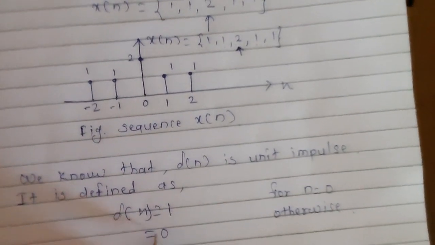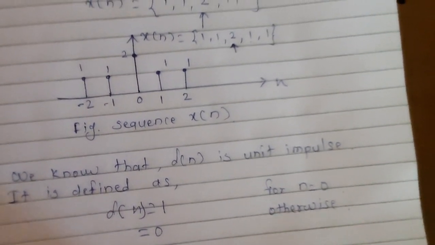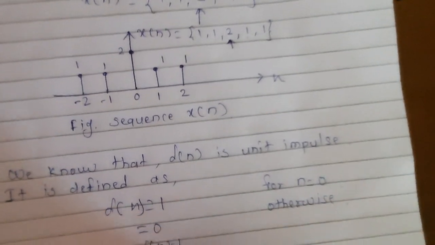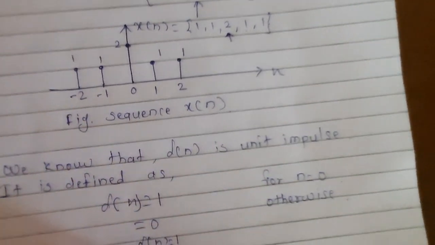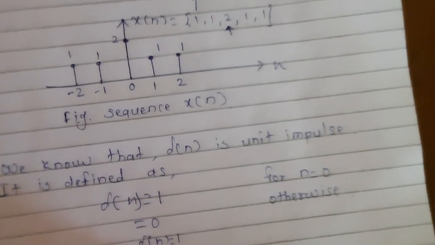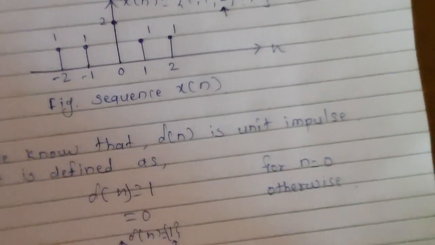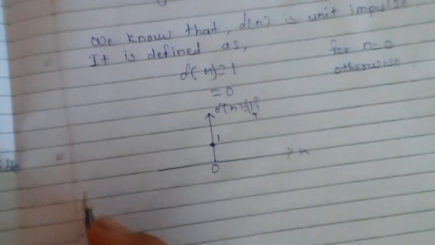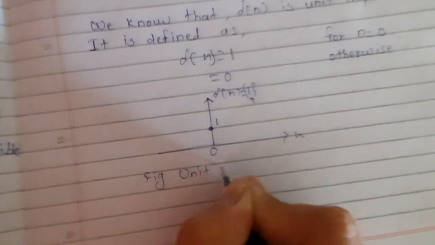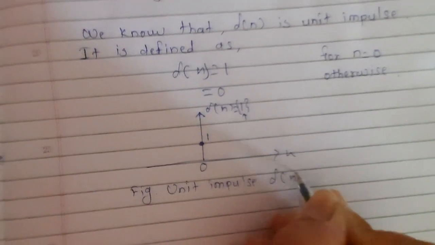Now we'll draw the sequence for this delta n. This is n, this is delta n equal to 1. It has one value for n equal to 0, and for all other values it is 0. So this figure shows the unit impulse delta of n.